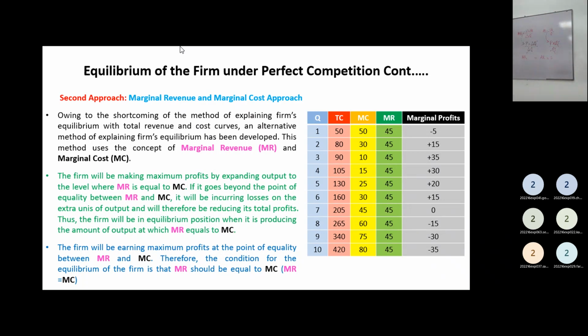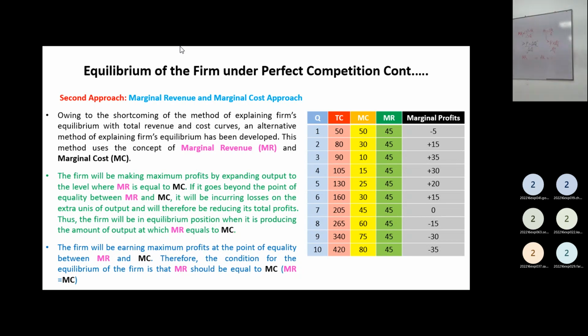Now, for an example, let's say you are going to produce an additional unit, and the additional income that you generate is 20 rupees, but you have to additionally incur 45 for that. What do you think? Are you going to produce more?